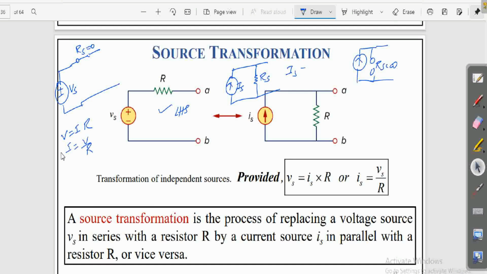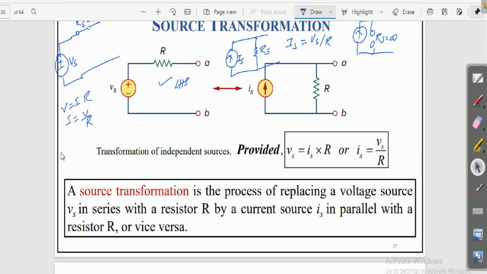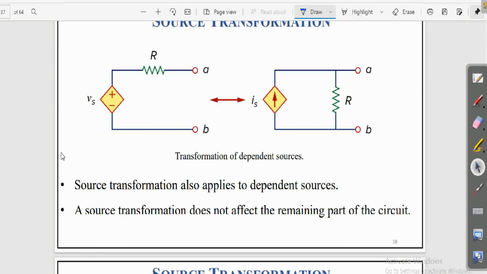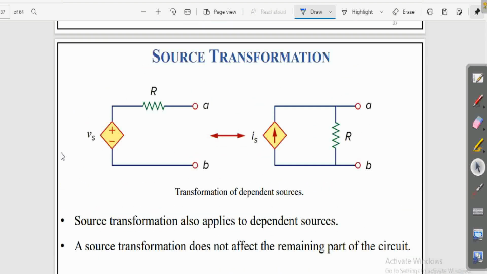Yes. So Is is equal to Vs by R. This is called source transformation. This is your source transformation for a voltage source.